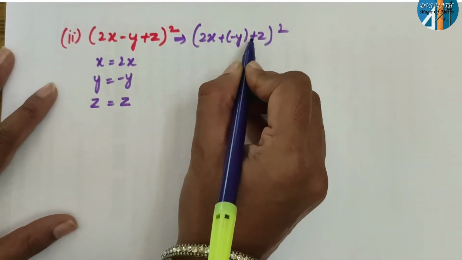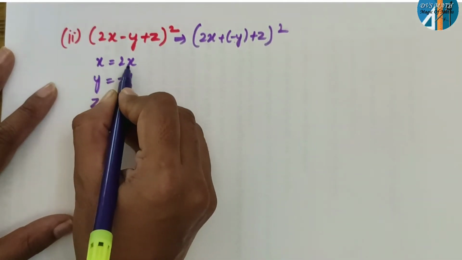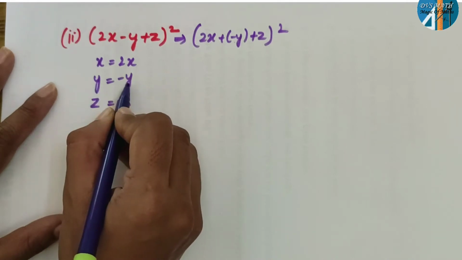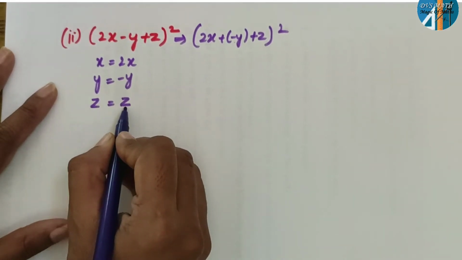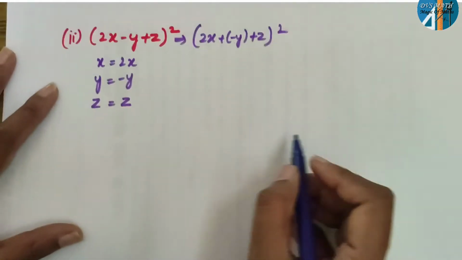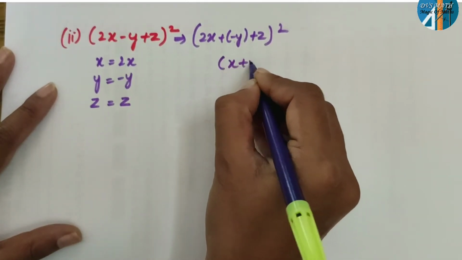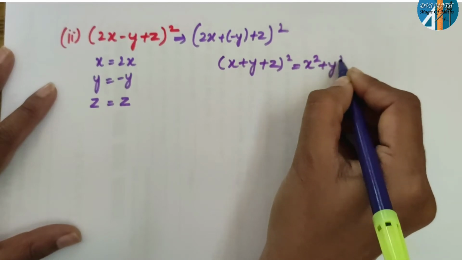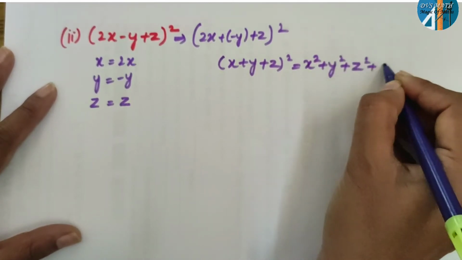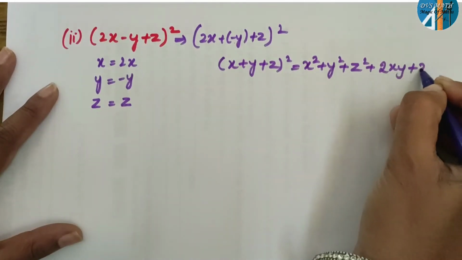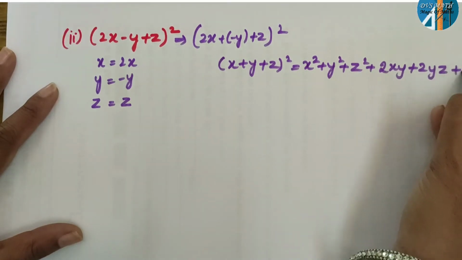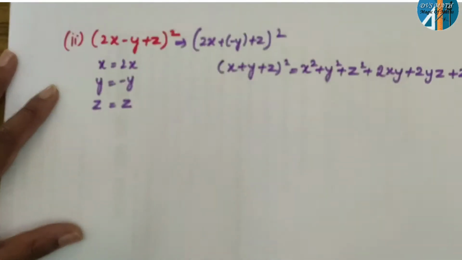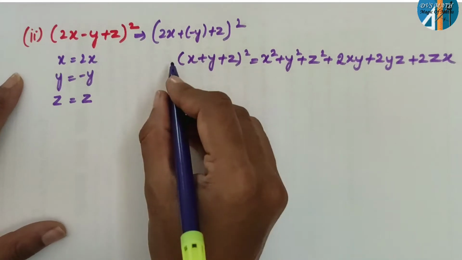Which identity are we using here? x plus y plus z whole square is x square plus y square plus z square plus 2xy plus 2yz plus 2zx.